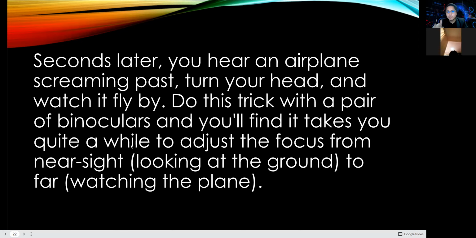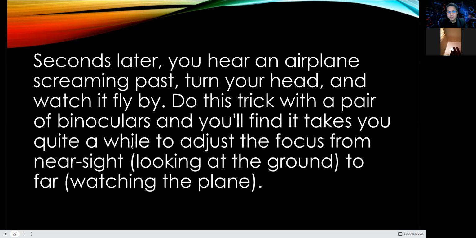When you are looking near, it focuses fast. If you're looking far, your eyes focus also. It adjusts itself to the particular situation.